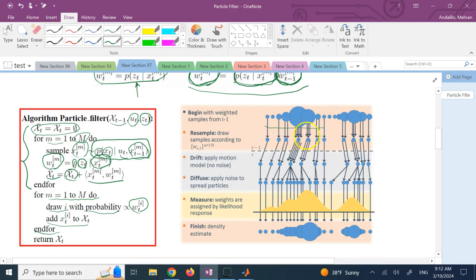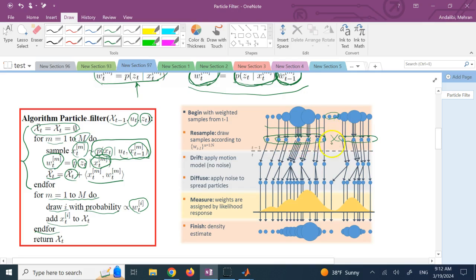Now you resample. Resample means what? Means I don't care how big they were. The only thing I care about the big ones is I give them more samples. And if the areas were small weights, I'm not going to give them samples. Okay? But still, I redistribute the weights equally instead of some bigger and some smaller.